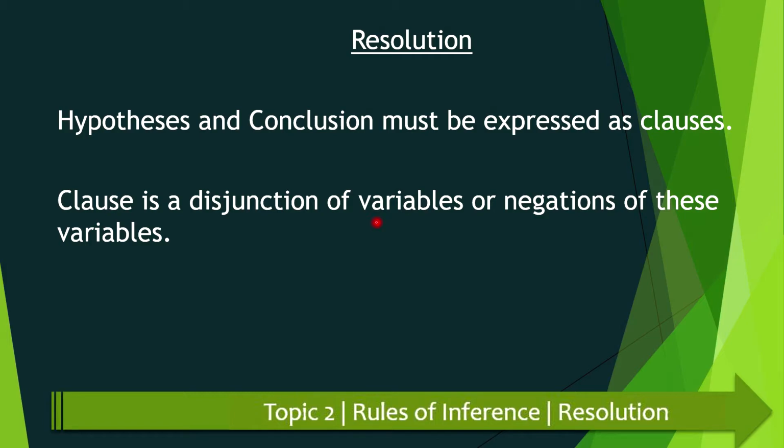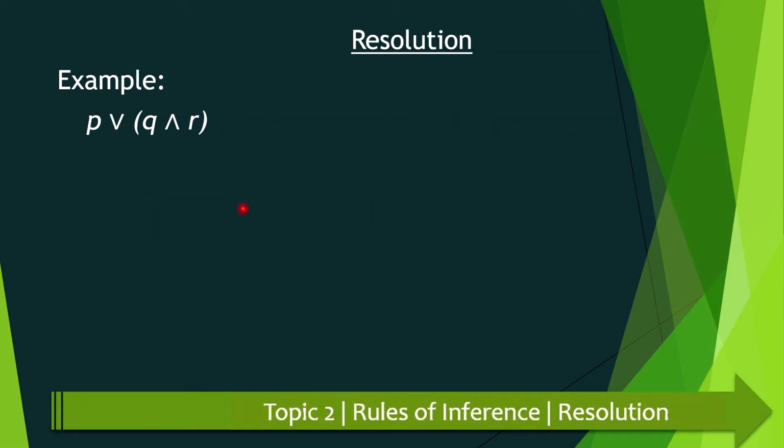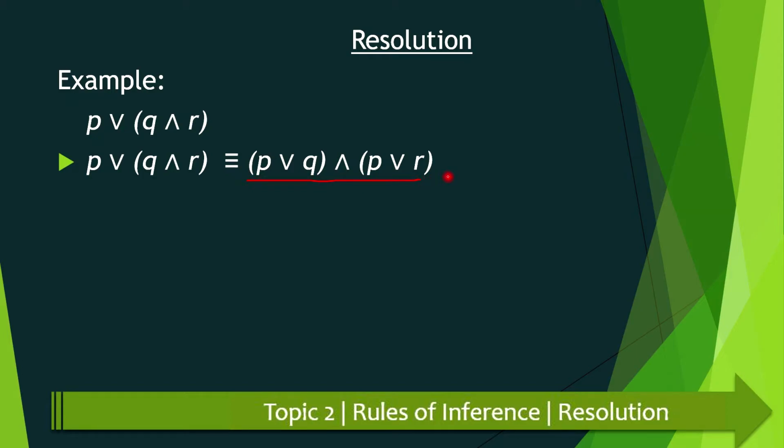For example, P or Q and R is logically equivalent to P or Q and P or R. The P or Q and R can be replaced with the statements P or Q and P or R, each of which is called a clause.